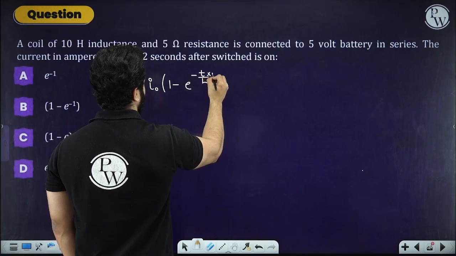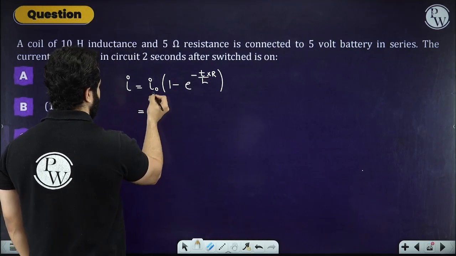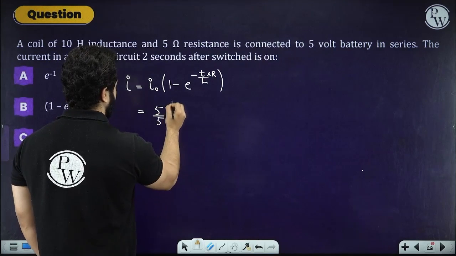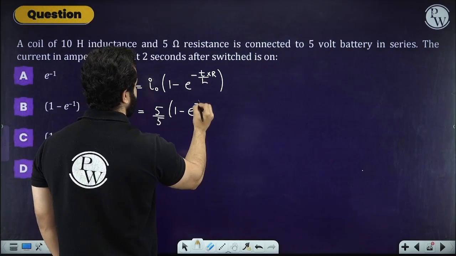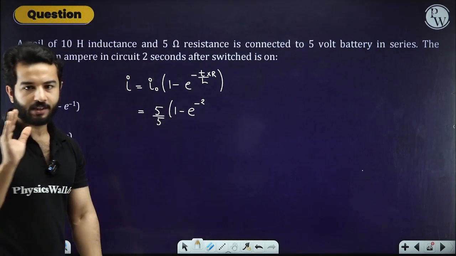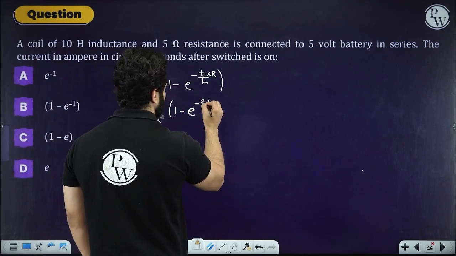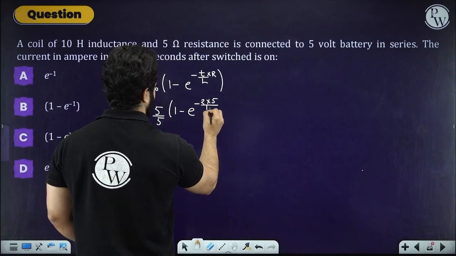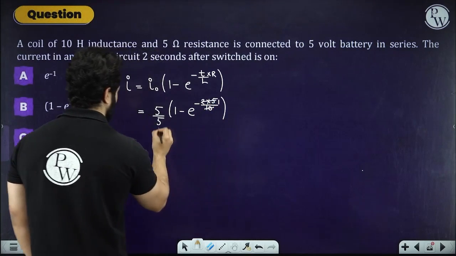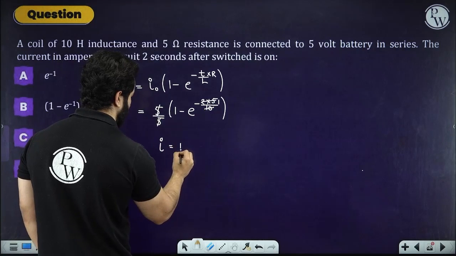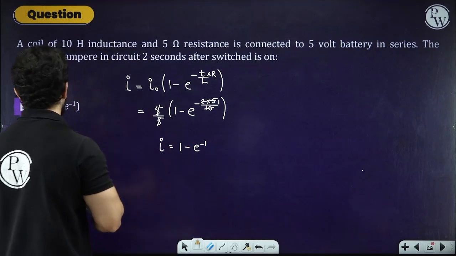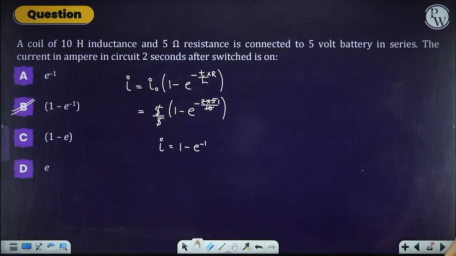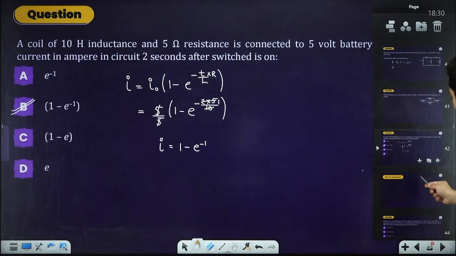Now I naught is nothing but E by R. So E is 5 volt, R is given as 5 ohm, times (1 minus e to the power of minus t upon L by R), with t given as 2 seconds. Resistance was given as 5 ohm and inductor as 10, so L by R is 2 and t upon L by R becomes 1. So I is coming out to be I naught times (1 minus e to the power of minus 1), with I naught equal to 1. That means option B. Hopefully everything is clear. If you have any doubt, let me know in the comment section.